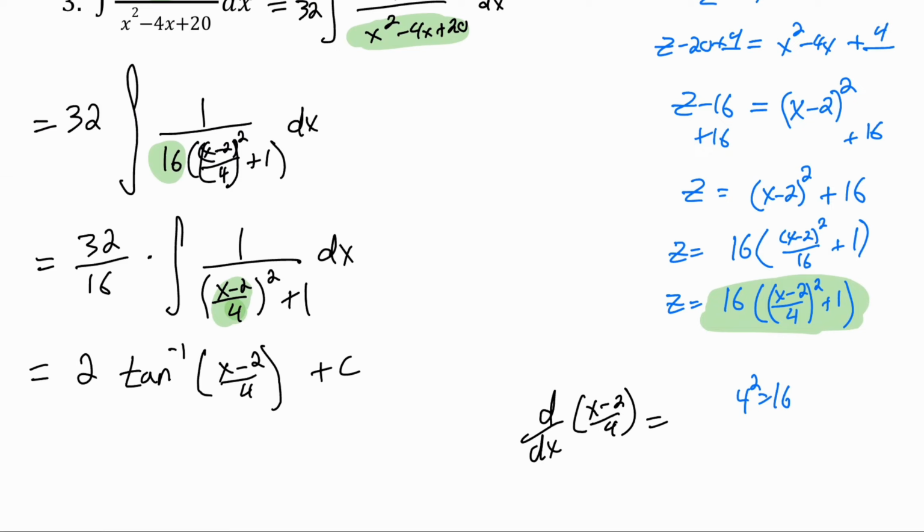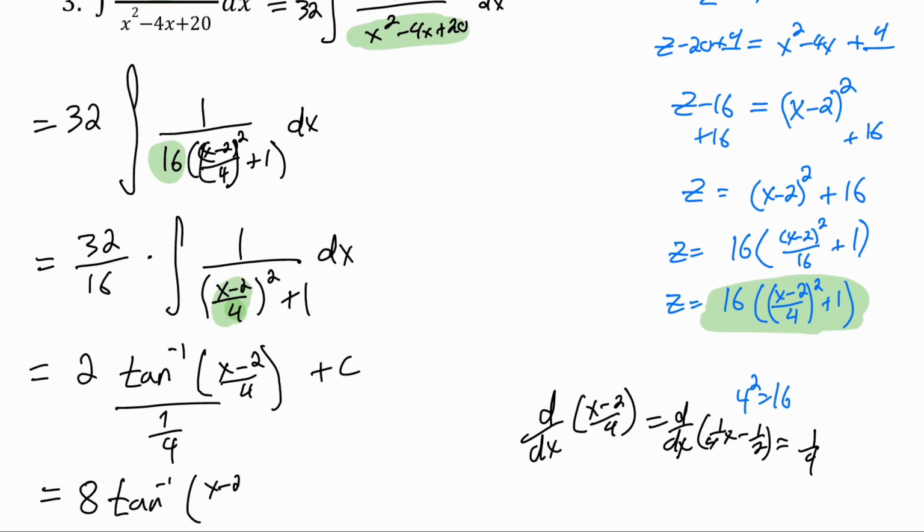That's really the derivative of 1/4 x minus 1/2, which is 1/4. So I have to divide this by 1/4. And when we divide by a fraction, we really just end up multiplying. So we end up with 8 times the inverse tangent of (x minus 2) over 4 plus C.